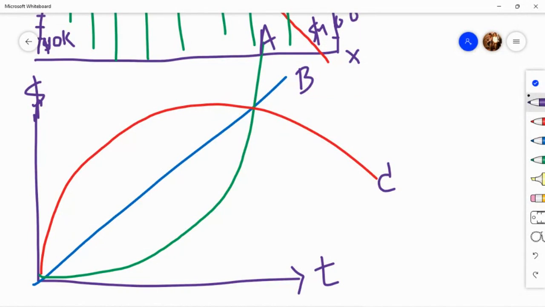Whereas C was growing at a fast rate early on. The slope of the curve is very steep early on, but the slope is getting flatter and flatter, completely flat, and then declines. Slope is negative.